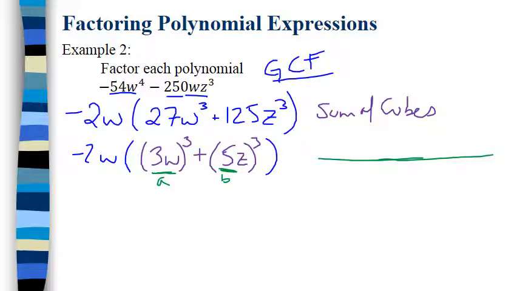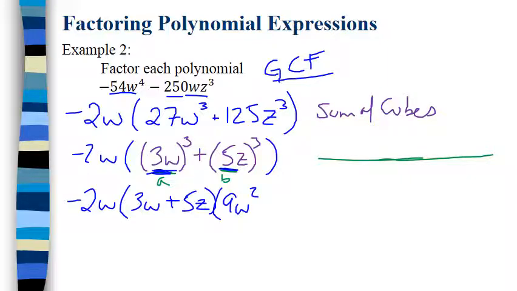So this is going to end up being negative 2w times A, 3w, plus B, 5z, times A squared, 9w squared, opposite, so minus, A times B, 3 times 5 is 15wz, plus B squared, plus 5z quantity squared is 25z squared. Okay, there we go.